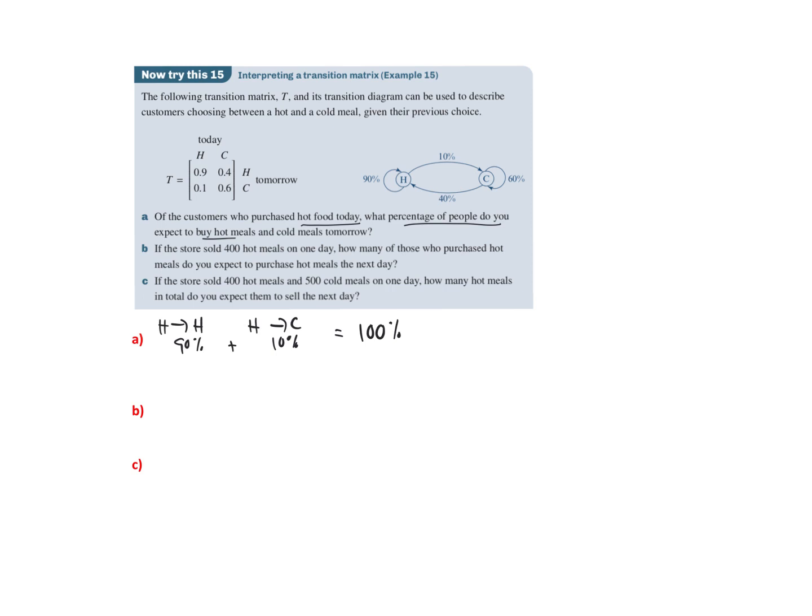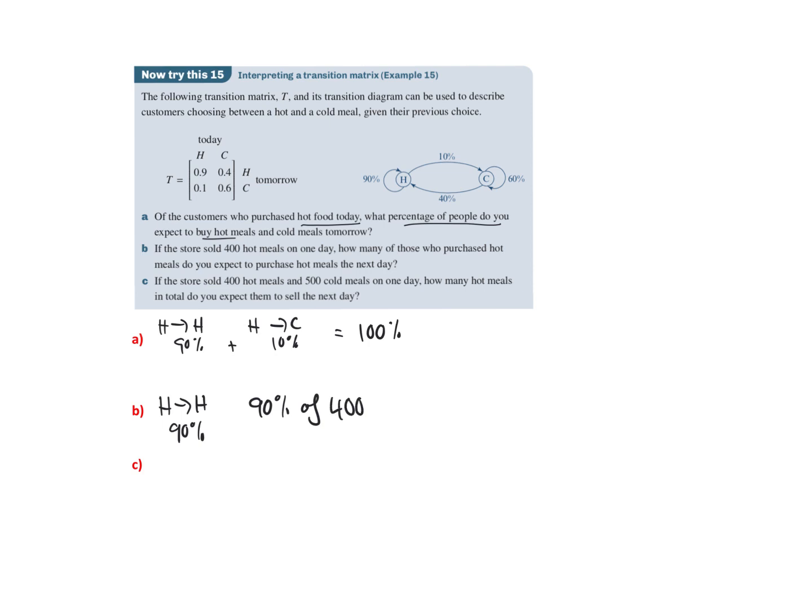Okay, B. If the store sold 400 hot meals one day, how many of those who purchased a hot meal are expected to have a hot meal the next day? So we're talking about hot to hot. What was that percentage again? 90%. So we're saying 90% of how many people had a hot meal? 400.